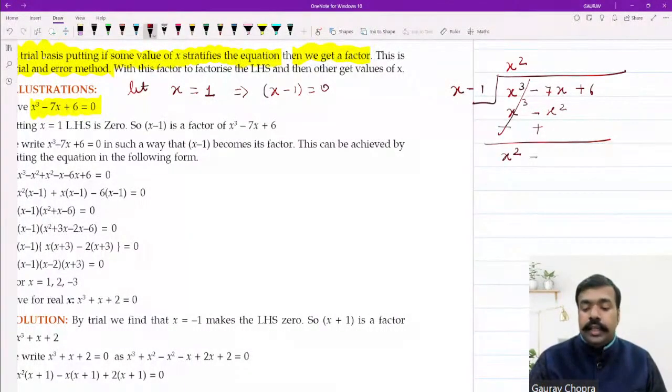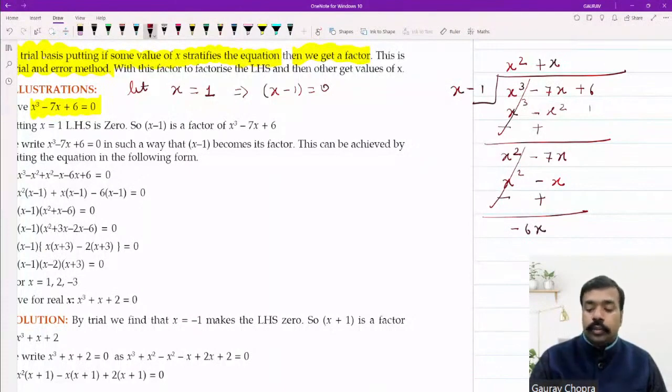Then we take down 7x. Now we have to cancel the x square, so for making x square we use x. So x square minus x, again changing the sign. So we get minus 6x, and we bring down this 6.